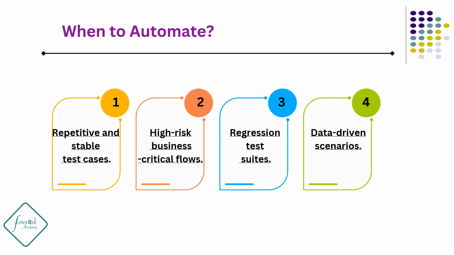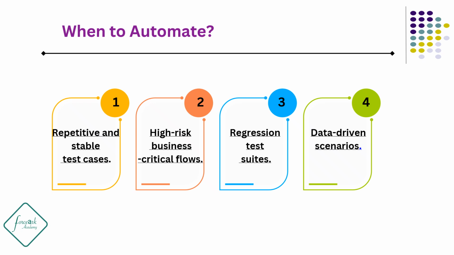To understand this, automation is not for every test case or every use case which is available. For example, if there are some unstable user interfaces, or some one-time validation is required, or a very small task which is not important, then that should not be automated. Automation of such tasks takes a lot of time and there is not much use of it.